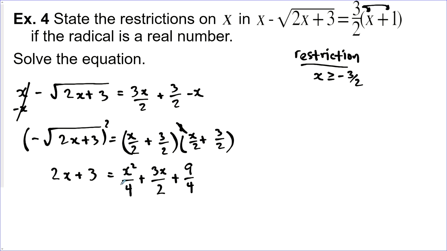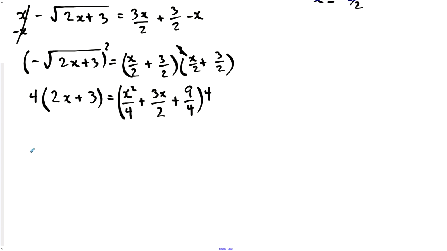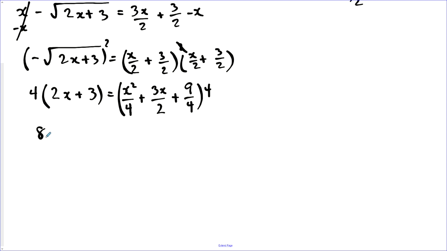Now, I don't like working with fractions, so I'm going to multiply both sides by 4 to get rid of those fractions. So distribute in the 4, we get 8x plus 12 is equal to x squared plus 6x plus 9.